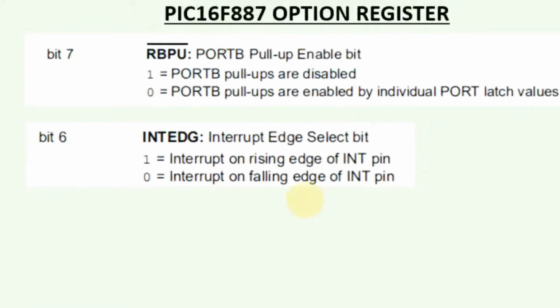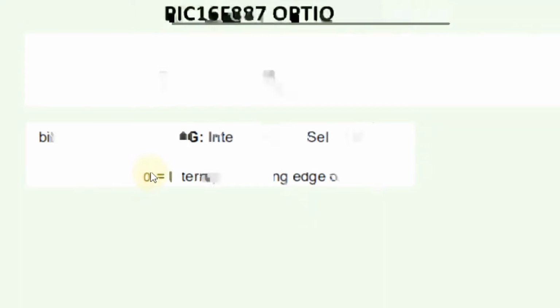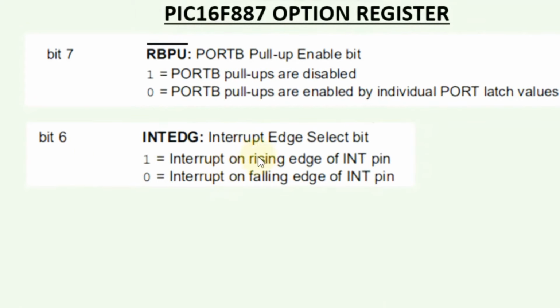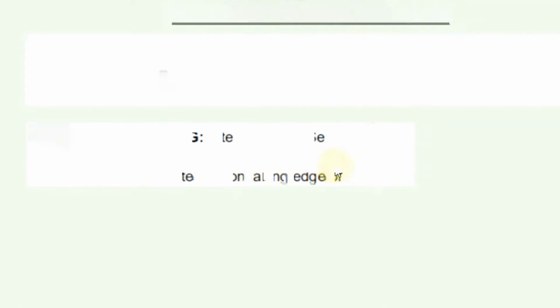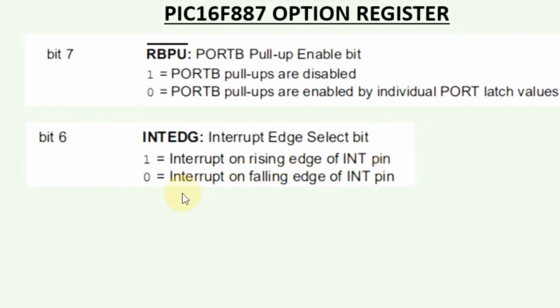That is, external devices will request the microcontroller for service using this pin. If this bit 6 is made 1, then interrupt will be enabled on the rising edge of the INT pin. If this bit is 0, interrupt on the falling edge of the INT pin will be enabled.